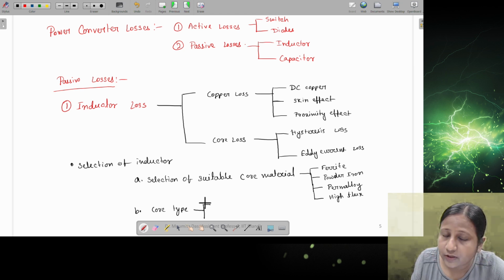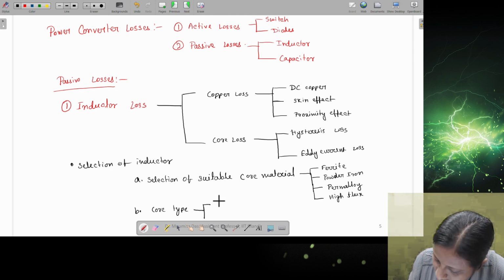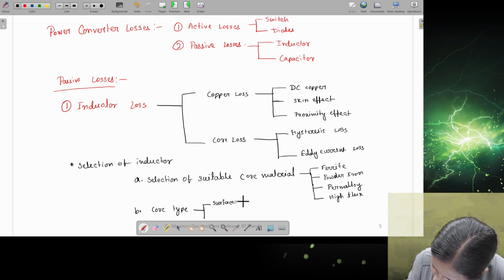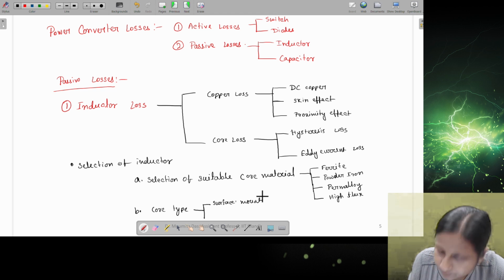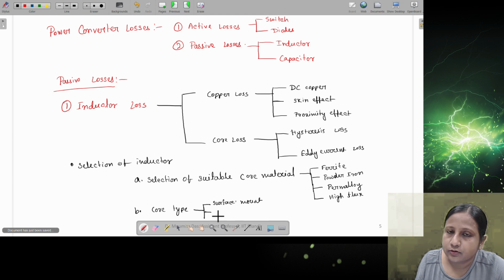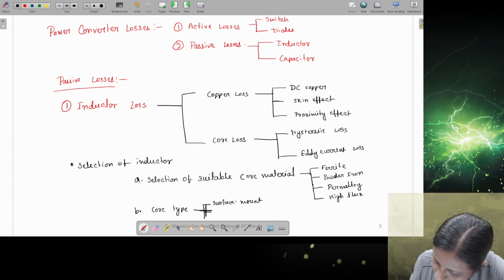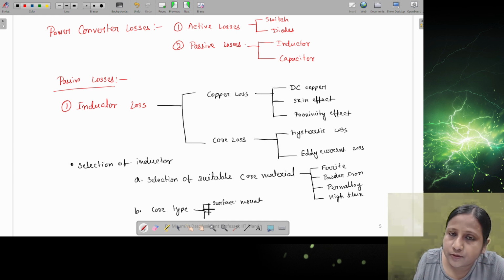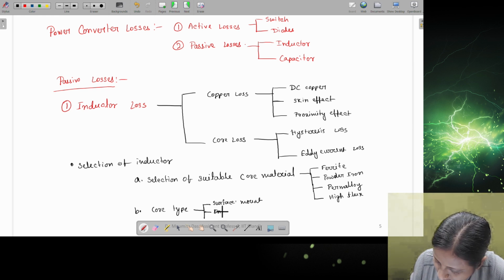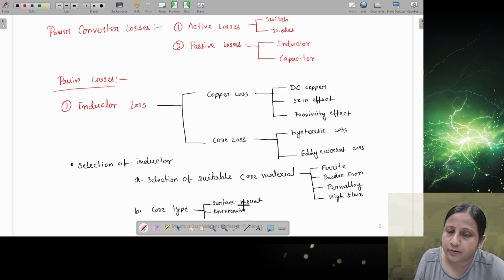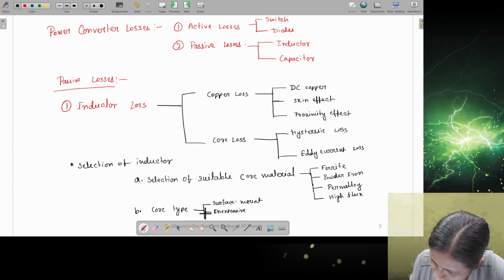Whatever type of core you are selecting, if it is surface mount, then obviously it will require less space, right? Because we are considering high power density, surface mount will give you less space requirement. Inexpensive, again the cost we have to optimize, right? Then time constraints.